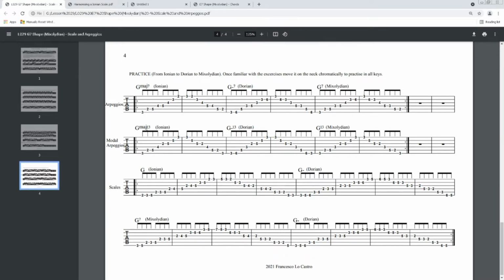We know that the extensions for major are the major 7, 9, 11, and 13. For Dorian, which is minor, the extensions are flat 7, 9, 11, and 13. And for Mixolydian, as we have discovered today, it's 9, 11, and 13, and a flat 7. Same thing here in terms of scale.